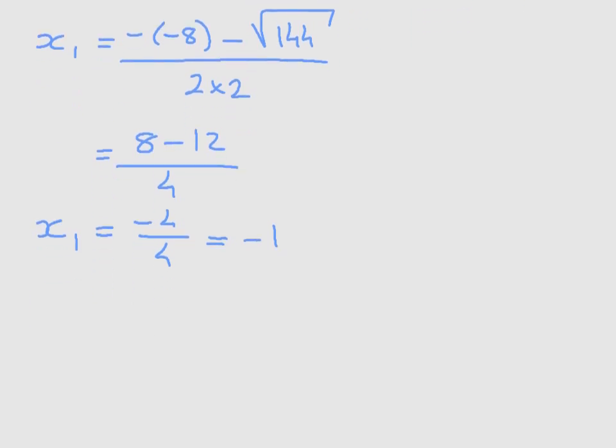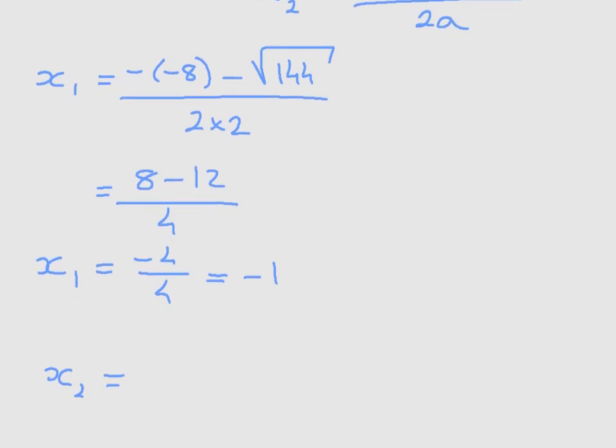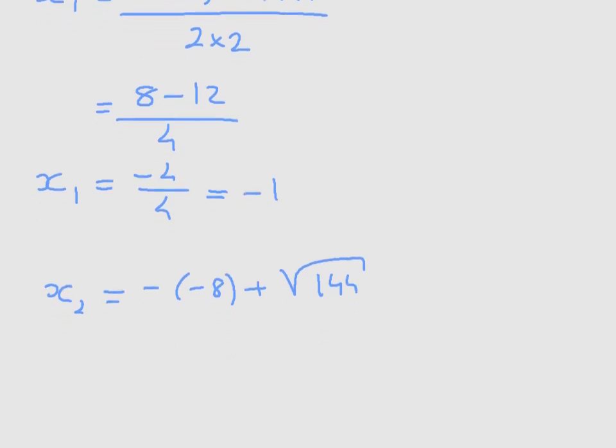The second solution, x2, will be exactly the same thing with the exception that there will be a plus before the square root. So I can go right ahead and say that this is negative 8 plus the square root of 144 over 2 times 2.